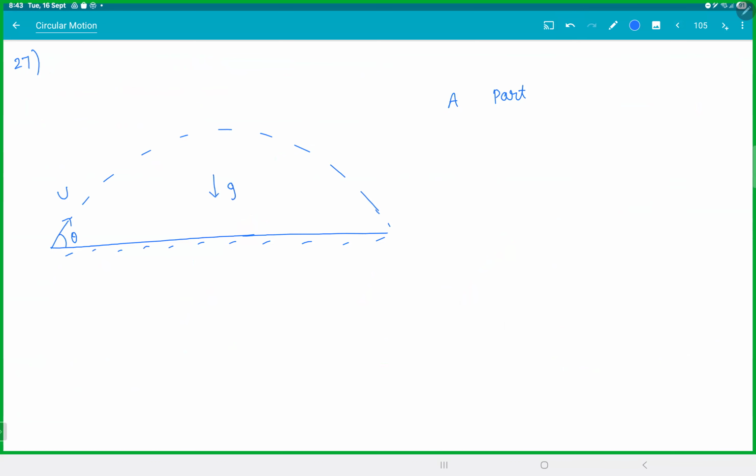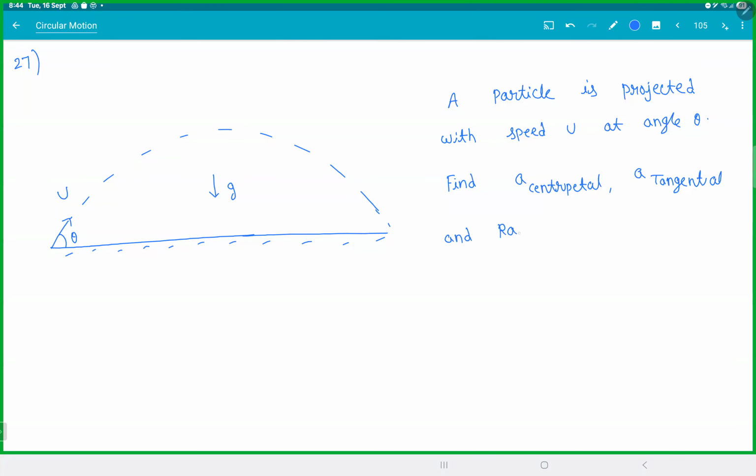Gravity is there. Find a centripetal, a tangential, and radius of curvature when the velocity vector makes an angle alpha with the horizontal.